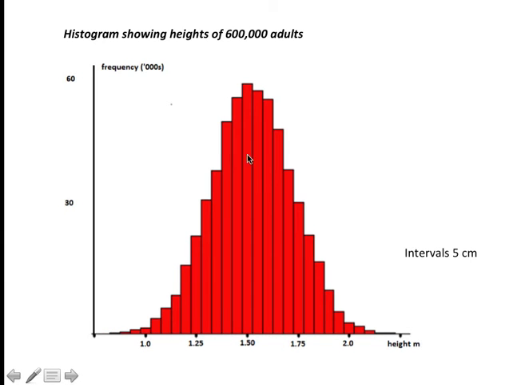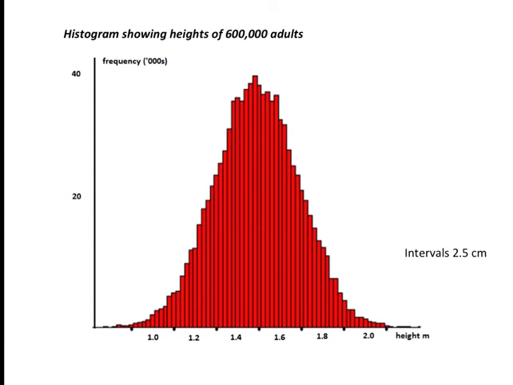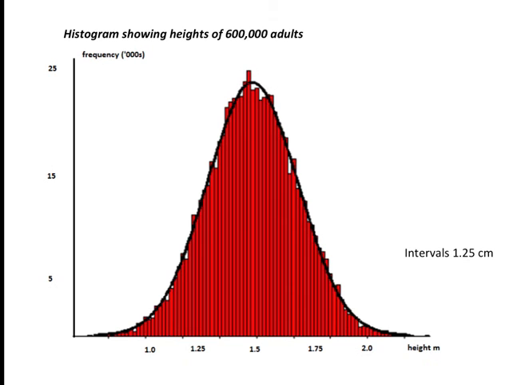Reducing even further, using a class interval of 5 centimeters, gives a histogram that looks like this. It can be reduced further to 2.5 centimeters, and when we reduce the interval to 1.25 centimeters, the frequency histogram and polygon give a distribution that approximately satisfies the normal distribution.